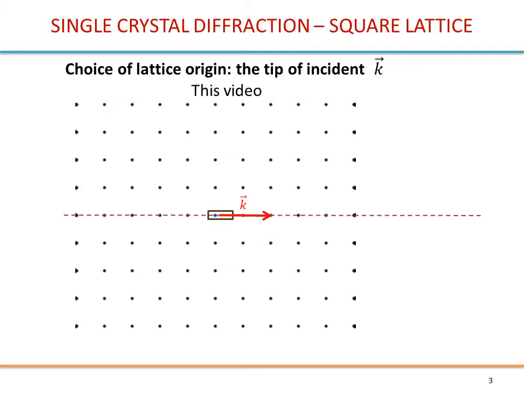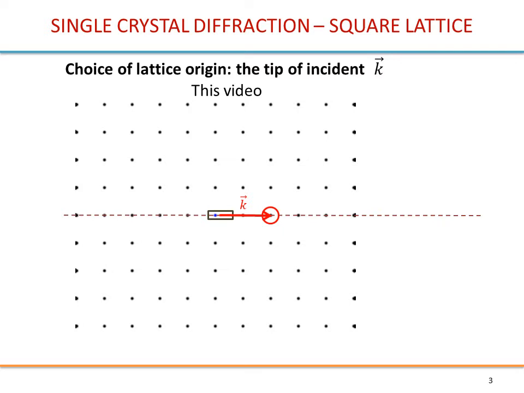This is what is used in this video. Here the choice of lattice origin is the tip of the incident wave vector k. We will use this as the origin of the reciprocal lattice. We still have our sample here, but the center is not at the lattice point.